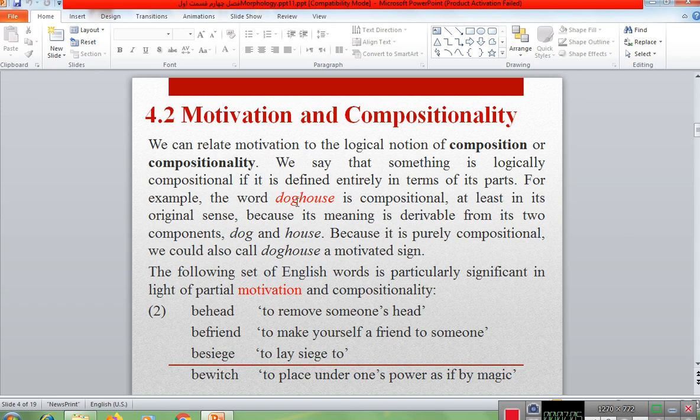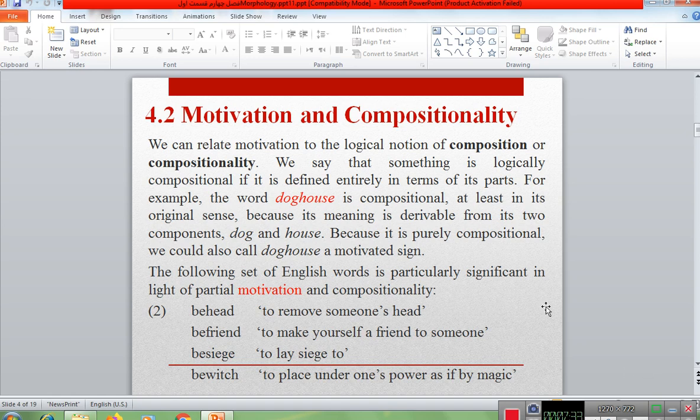So look at the following examples. The following set of English words is particularly significant in light of partial motivation and compositionality. Behead, to remove someone's head; befriend, to make yourself a friend to someone; besiege, to lay siege to; bewitch, to place under one's power as if by magic.